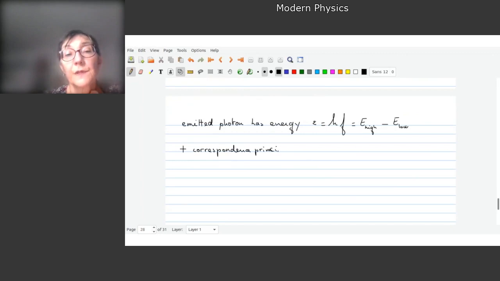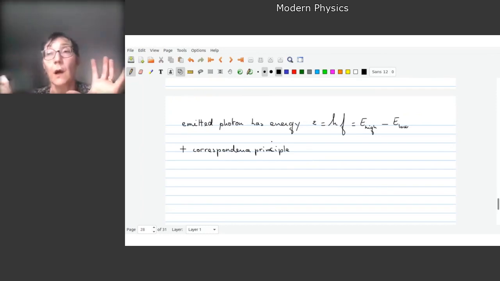What is this correspondence principle? You have a very well-known phenomenon: an orbiting charge that doesn't emit is a very restricted behavior, restricted to small particles. This is the new physics, quantum physics.